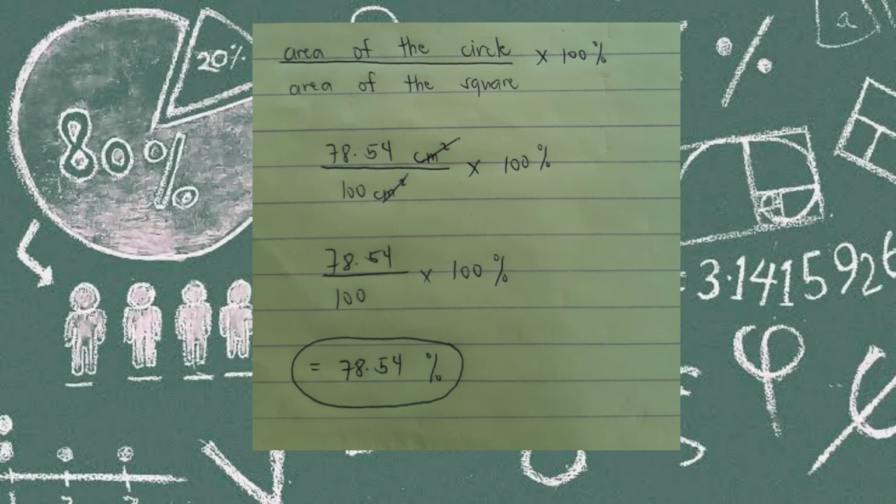That will be multiplied by 100%. Next thing, let's do the cancellation. Let's cancel the centimeters squared. Then proceed to calculation. 78.54 divided by 100 is 0.7854 multiplied by 100%. So we have 78.54%. Okay, so the percentage of the square covered by a circle is 78.54%.